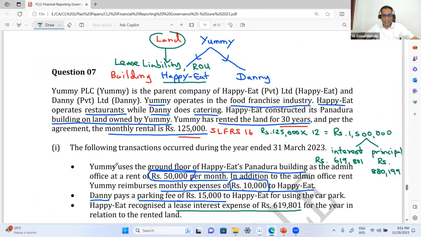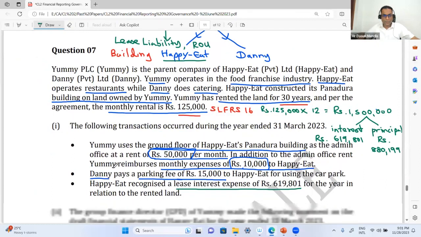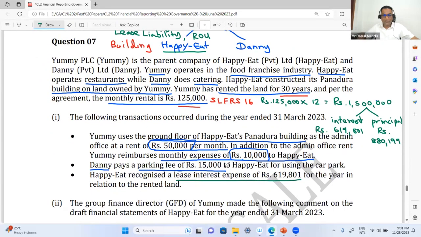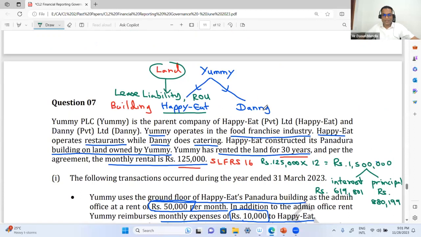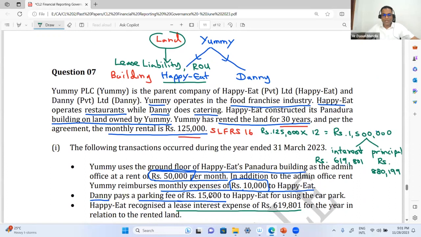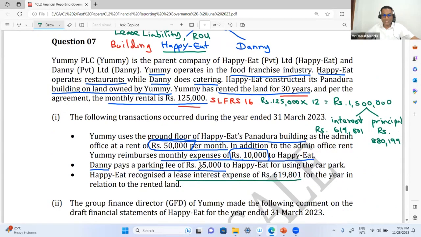With Danny, what they do is Danny pays a parking fee of 15,000 to Happy Eat for using the car park. Danny, your fellow subsidiary, is paying the parking fee. It was not mentioned whether this is for a month or for a year. Because of that, some students have taken this as a monthly fee and others as an annual fee, so marks have been given for both.